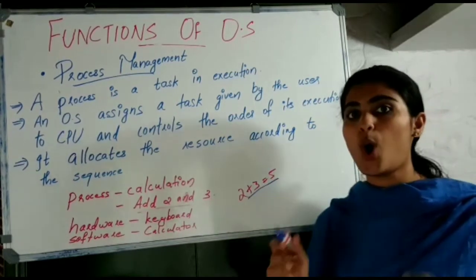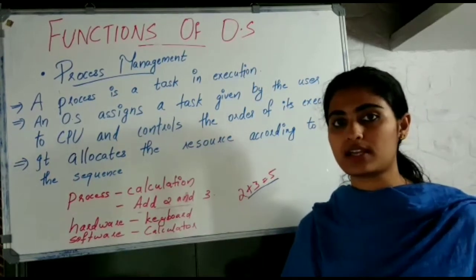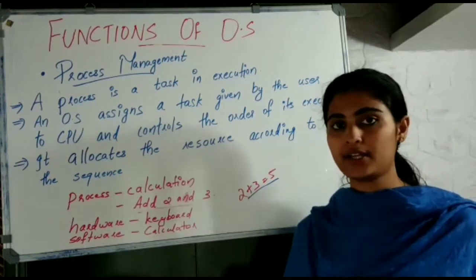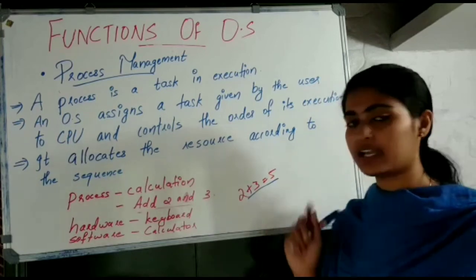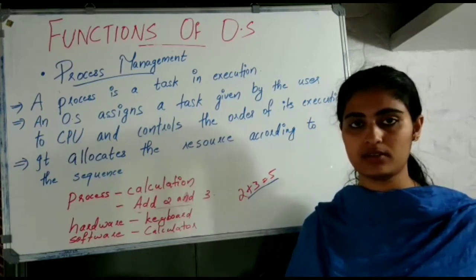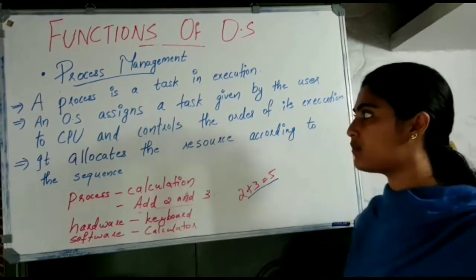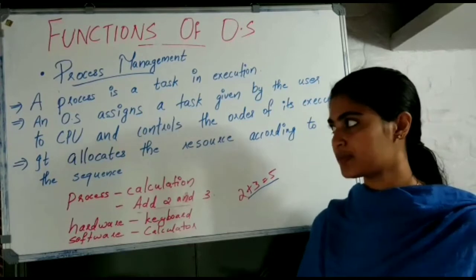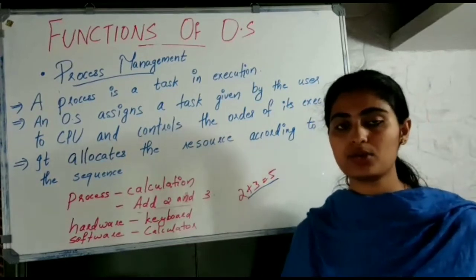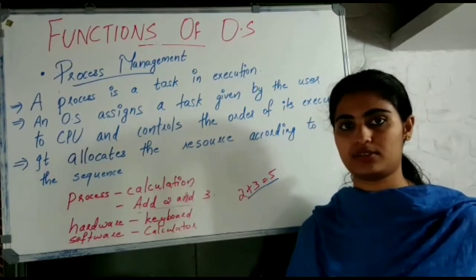Okay. So operating system is the one who is assigning this task of adding two numbers to the CPU, and CPU will add these two numbers and I will get the answer 5. Okay. So operating system is the one who assigns a task given by the user to the CPU and controls the order of its execution.